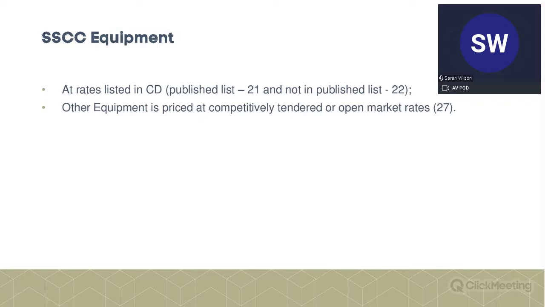Typically in the contract data part 2 you'll see a reference to the SEEKER list of rates, which I understand are fairly sensible rates for contractors and subcontractors. So that's how your equipment is going to be priced, and then other equipment is priced at competitively tendered or open market rates.